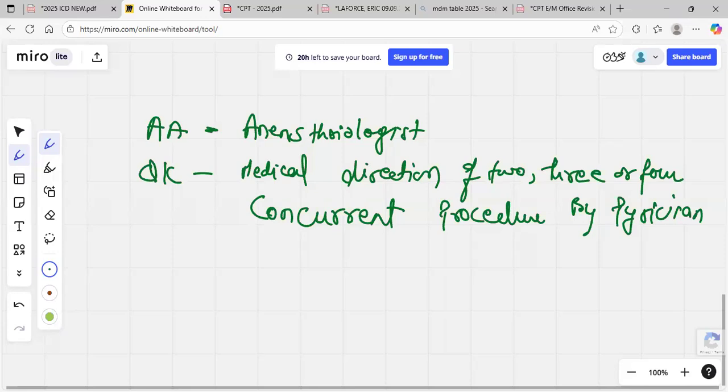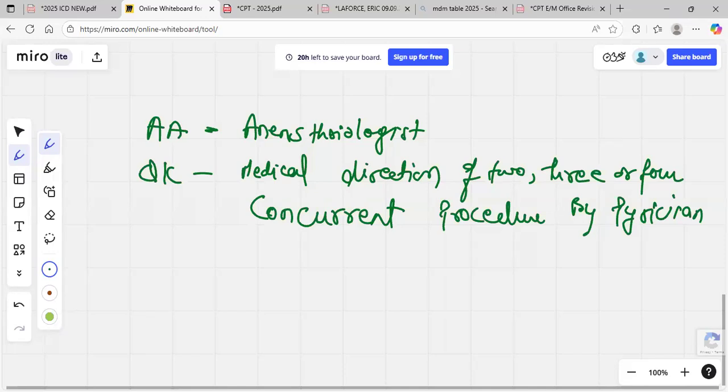QY is the anesthesiologist directing the CRNA in only one patient case. If it is more than one, we are going to use QK. And then we have the AD modifier, medical supervision by the qualified individual of more than 4 patients. So these modifiers we have to remember. It will help us to code the anesthesia cases easily.